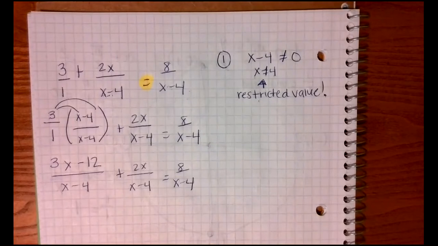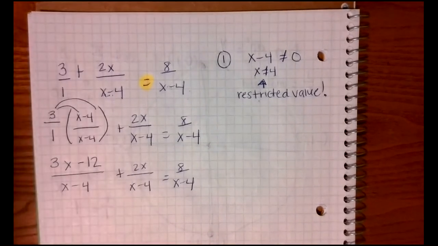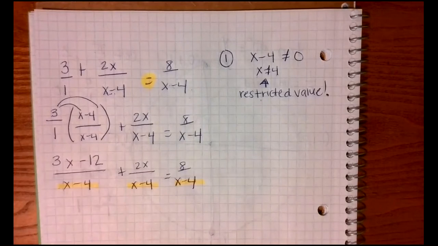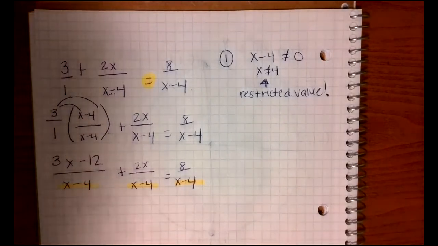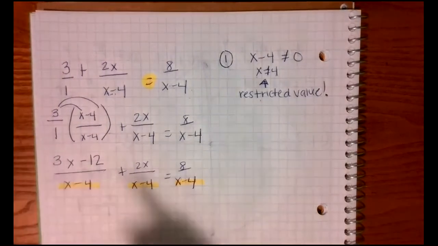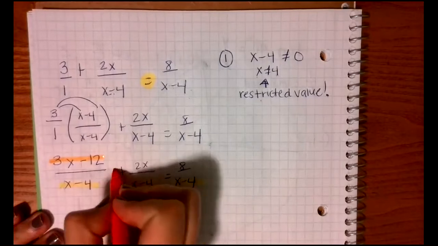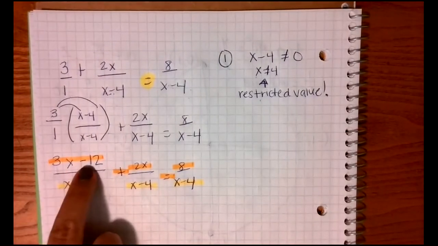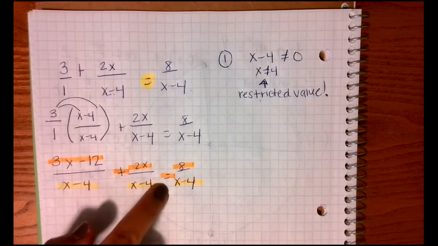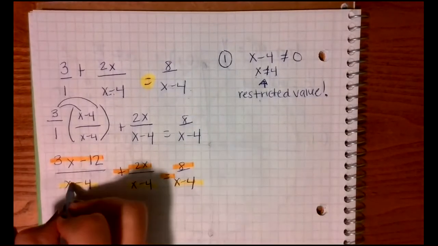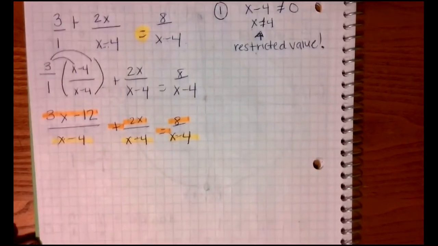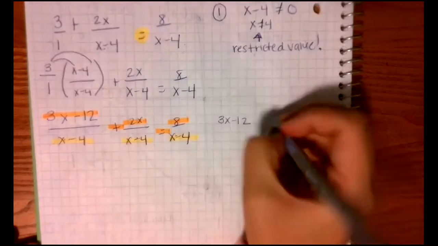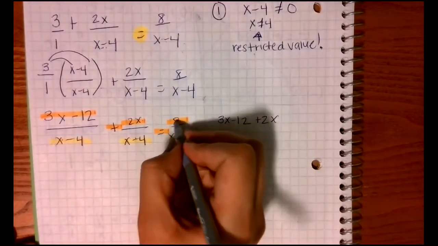Okay. Once you have common denominators on every single fraction, you can just focus on solving the numerator now. So we're just going to focus on solving 3x minus 12 plus 2x is equal to 8.